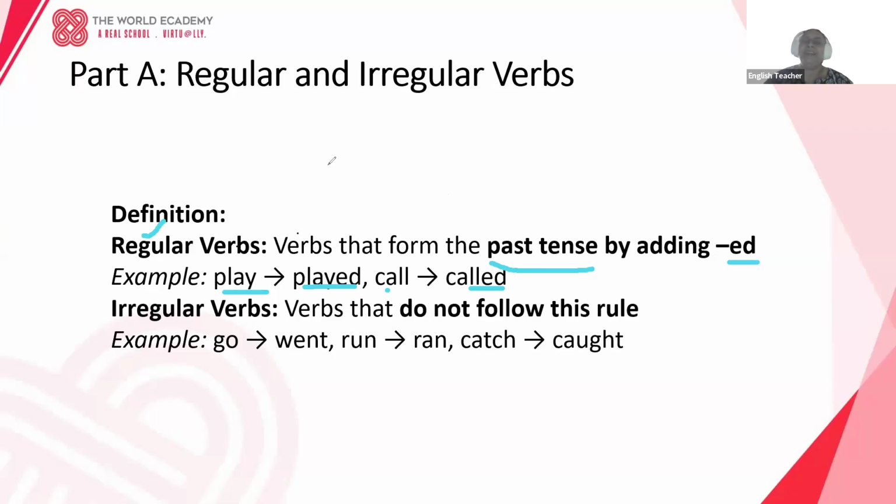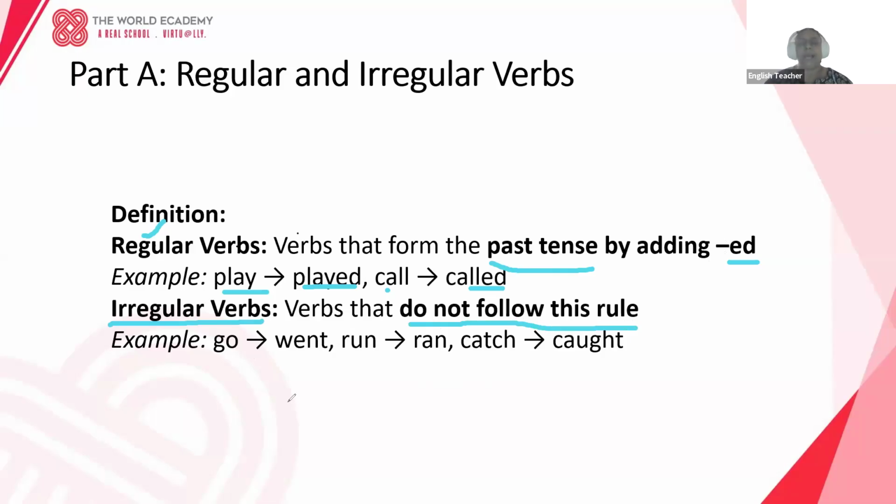But there are certain verbs which are irregular. Do you know what, students, I call them? It's very funny. I call them naughty verbs because they do not follow this rule. They do not follow this rule of taking ed to form a past tense. Go doesn't take ed and make goed.